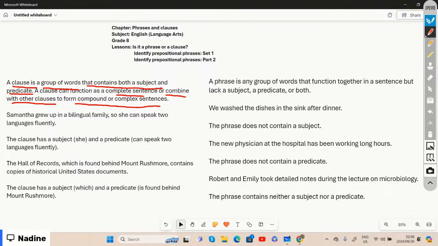All right, and if we look at an example, it says Samantha grew up in a bilingual family, so she can speak two languages fluently.